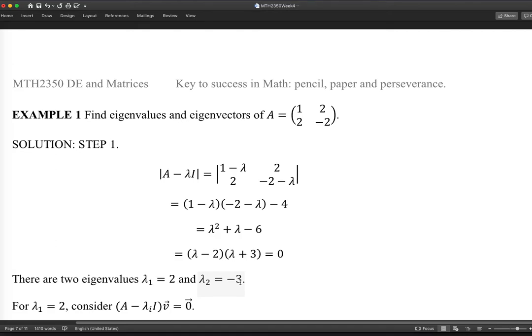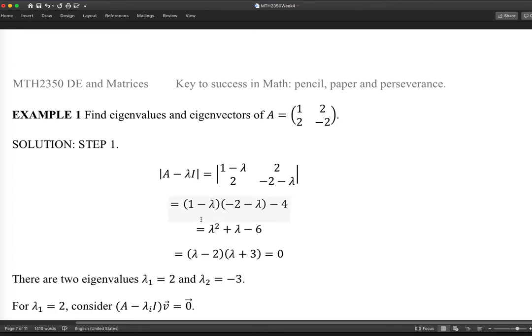In general, a quadratic polynomial may have 2 solutions, and a cubic polynomial may have 3 solutions. Speaking of polynomials, we could have complex solutions, and in some cases a solution with multiplicity 2 or multiplicity 3. But for now, we will work with real valued eigenvalues.